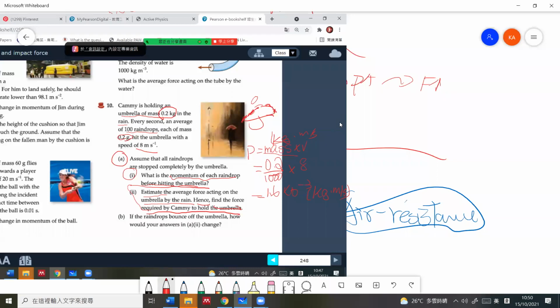So what is the final velocity of the ring?